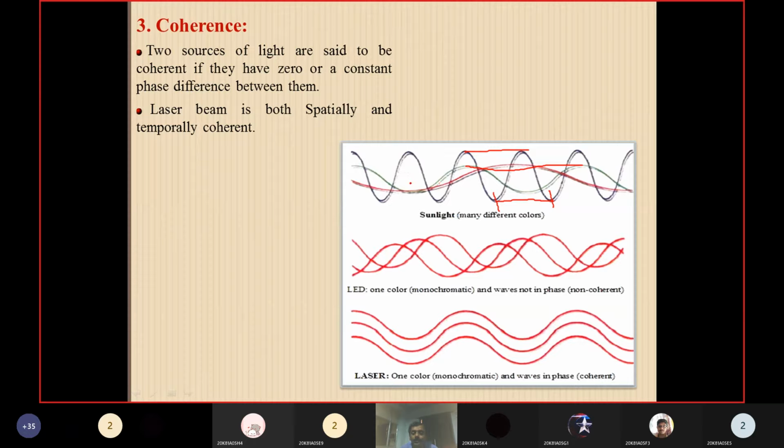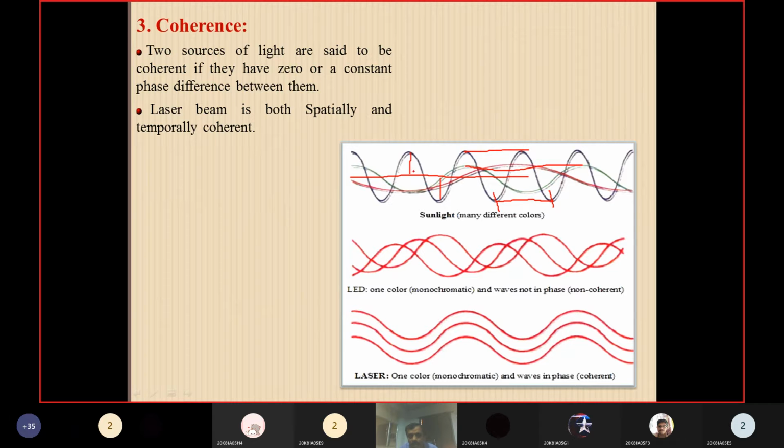So there is no constant phase difference, and amplitudes are also different. What is the amplitude? If you take the mean position, the wave will vibrate from the mean position, going to the maxima as well as the minima. How much it vibrates from the mean position is called amplitude. From the mean position it reaches this much high point, and in the lower direction it reaches this much point.